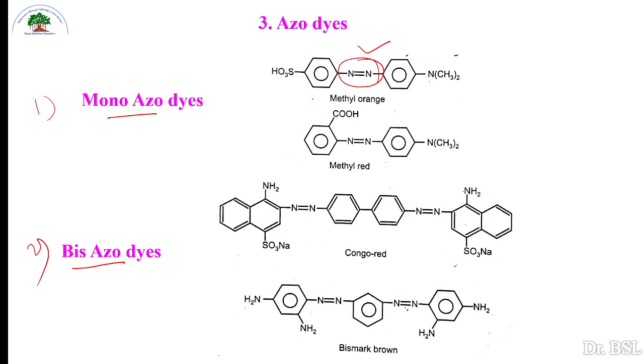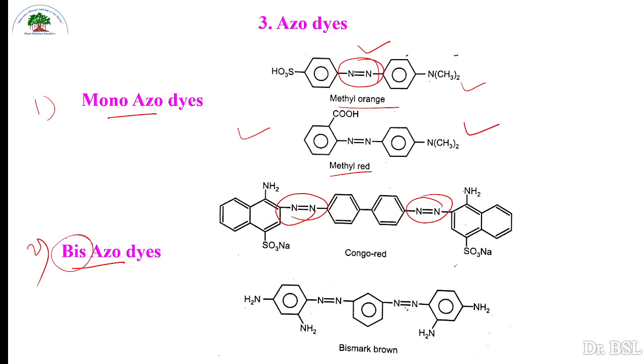If only one azo group is present in the dye structure, then that dye is known as monoazo dye. Methyl red, methyl orange, these are the monoazo dyes.